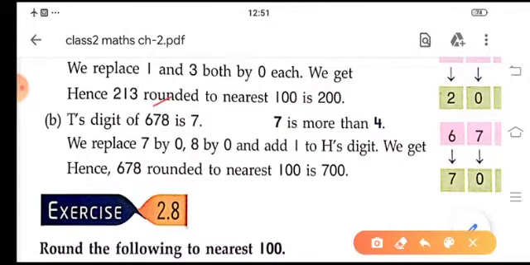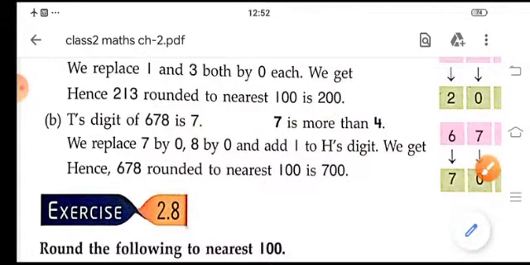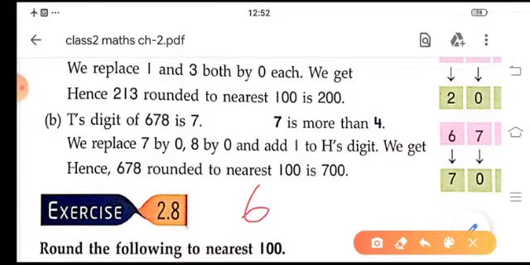Then we do the next example, where the digit at the tens place is 7. That means it is more than 5. So we replace 7 by 0 and we also replace 8 by 0, and then we add 1 to the hundreds digit. So we get 678 to 700. 7 is replaced by 0, 8 is replaced by 0, and 1 is added at the hundreds place.